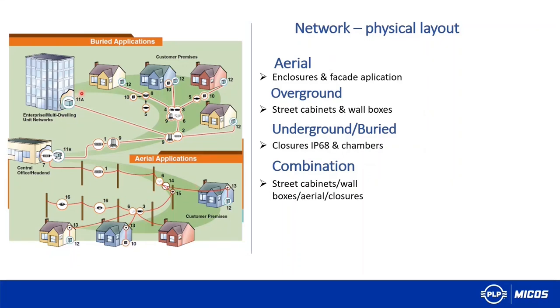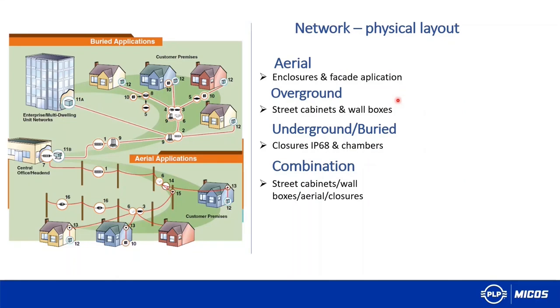If I go back to aerial, I saw it mostly in Sweden or very heavily in the USA, because they have existing electrical poles and they use them for fiber optic as well. Overground is used more, for example, in Macedonia or in Slovakia. Also, I saw a combination in Germany.